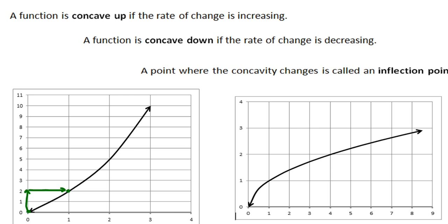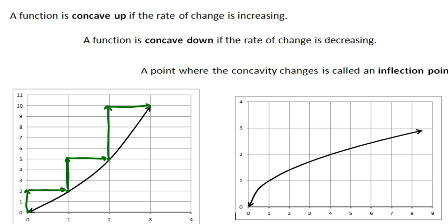But then as we go from x is 1 to x is 2, again, we still have a positive rate of change, but the amount of increase has gotten larger. And if we take another step from x is 2 to x is 3, we're getting an even greater rate of increase for a given interval on the x values.